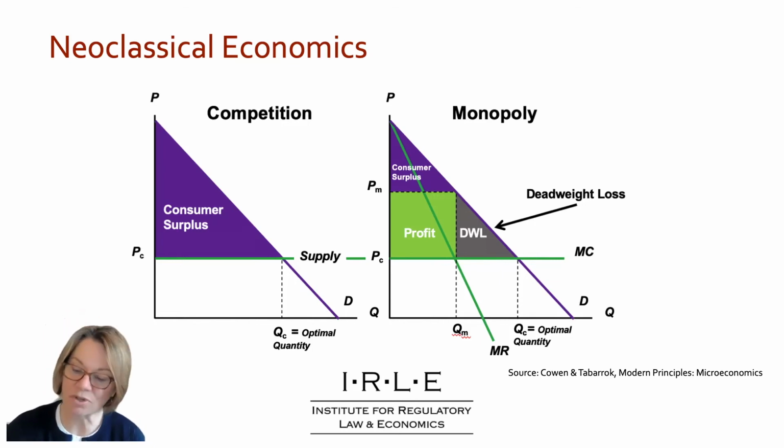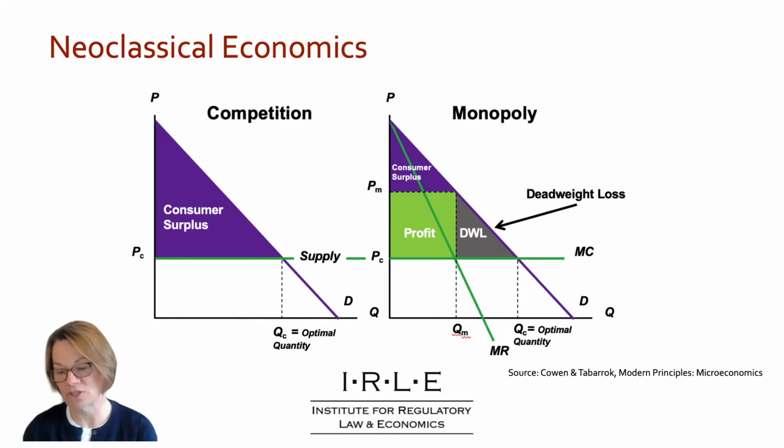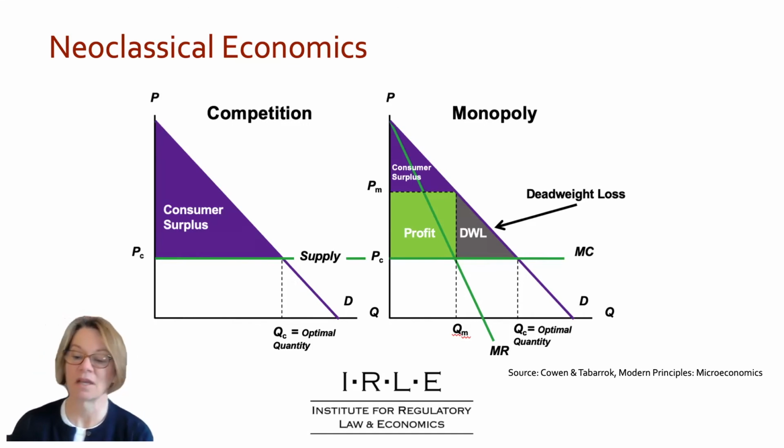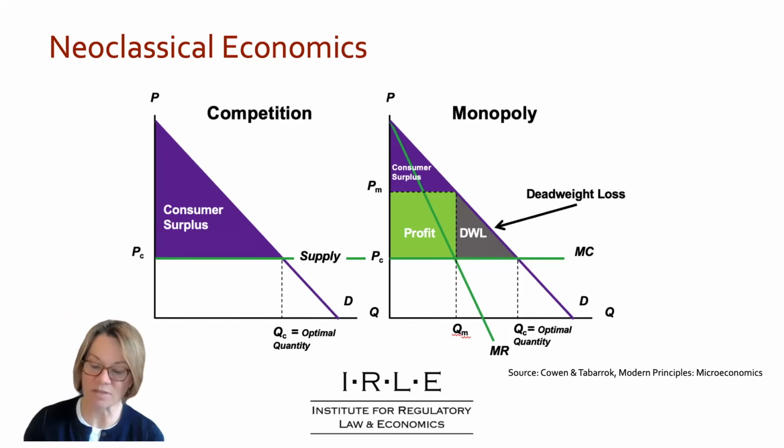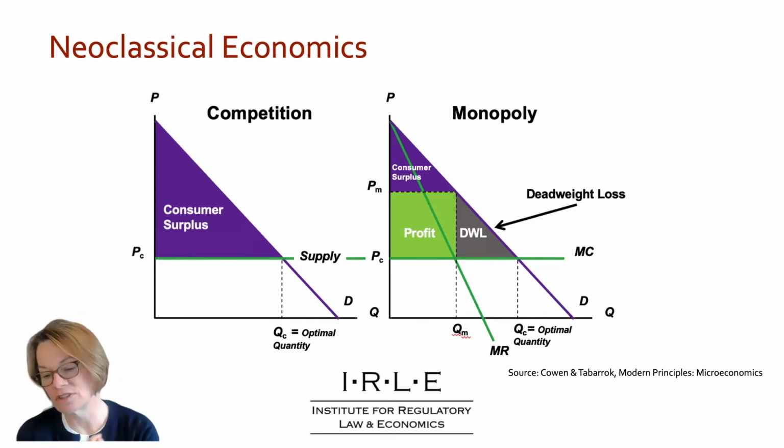But what's different and important about the monopoly model is that if you have the single seller and they choose to reduce output to charge a higher price, they're generating what we call deadweight loss, which is, compared to the competitive outcome, less benefit or less welfare, less surplus being generated, because they're selling less output and charging a higher price for it.